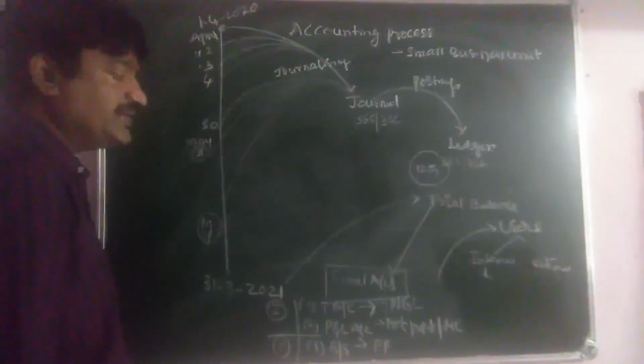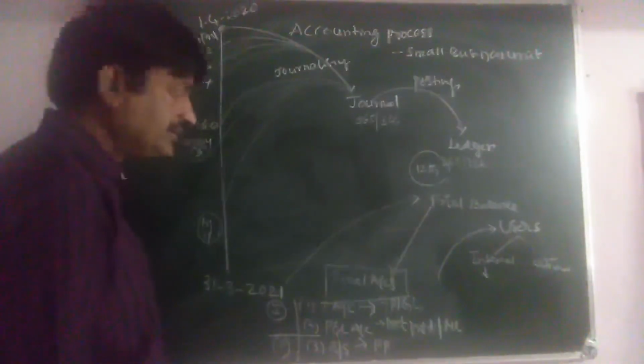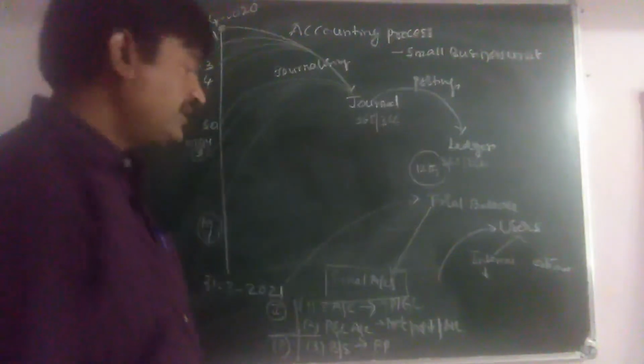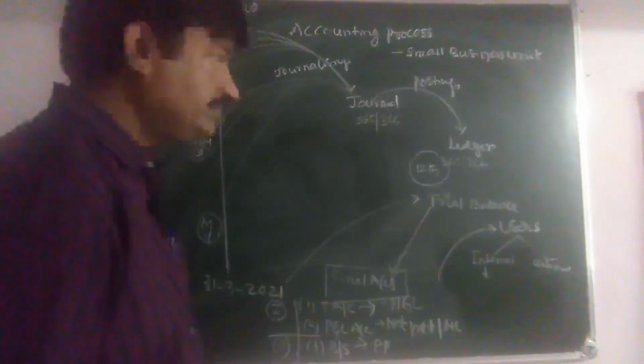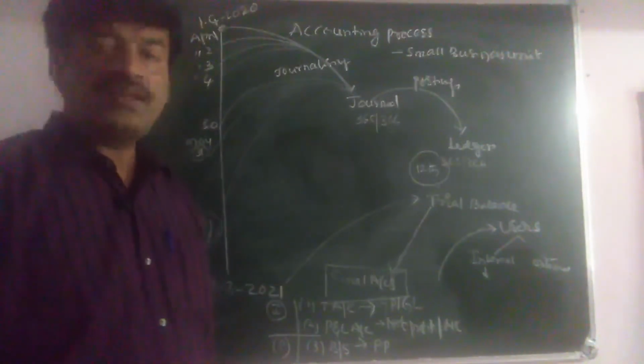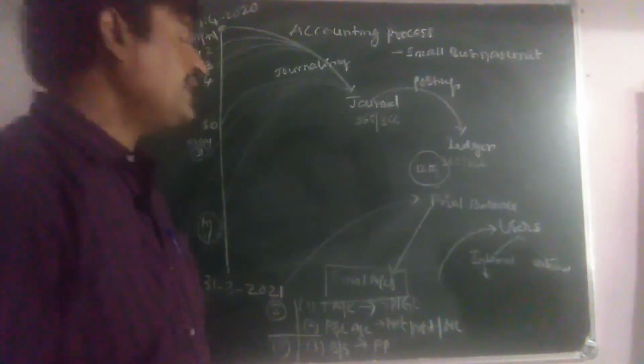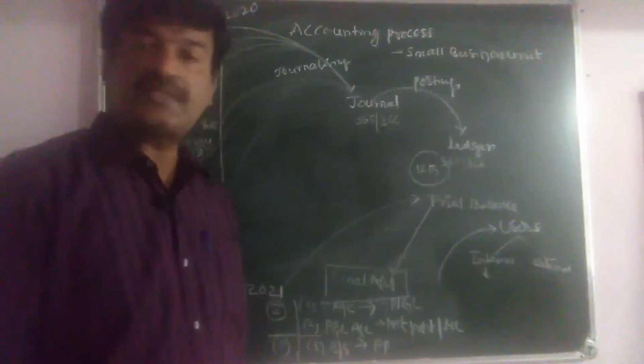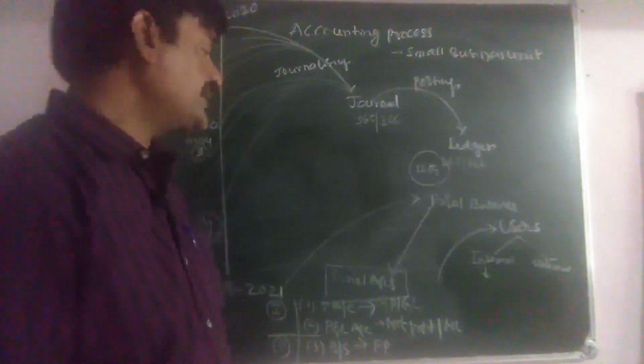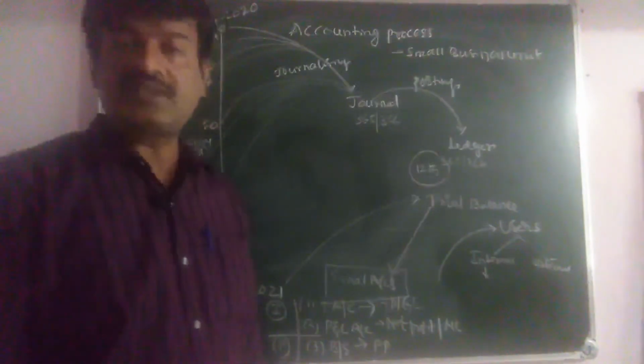The internal users include the management. The management needs 2 important items. It is cost of goods sold and profitability, needed for internal users for the purpose of what? For the purpose of planning, controlling and decision making.